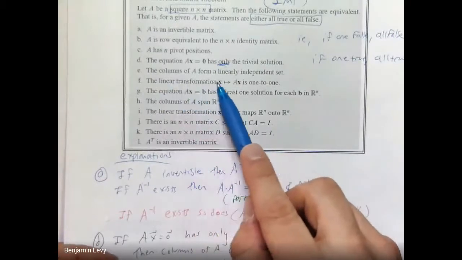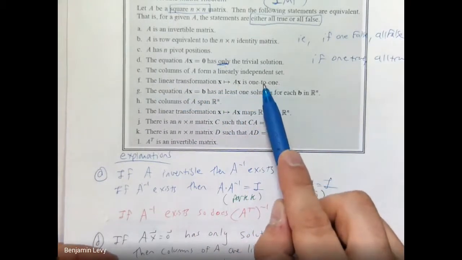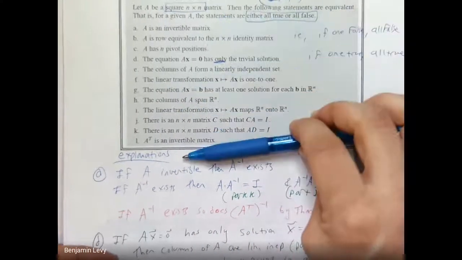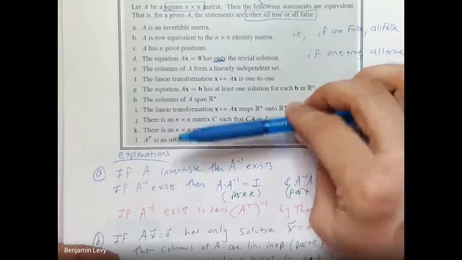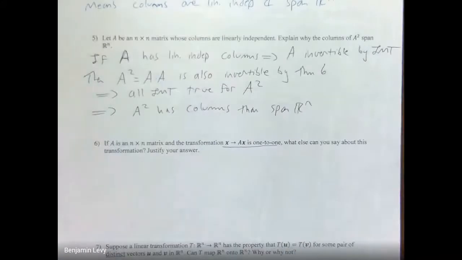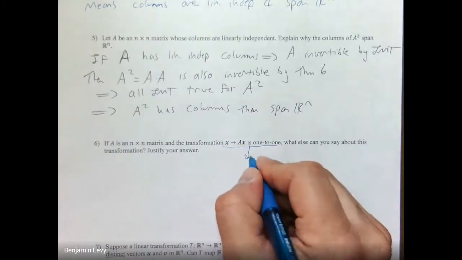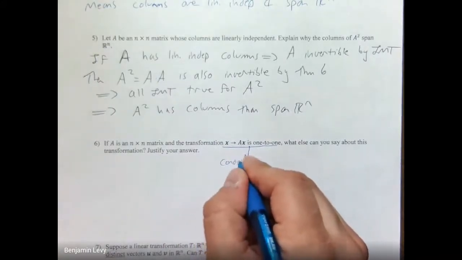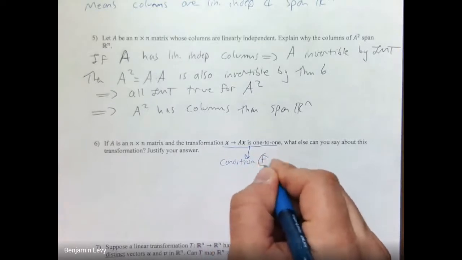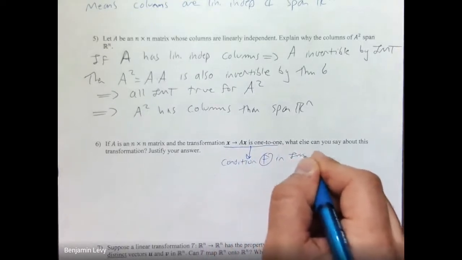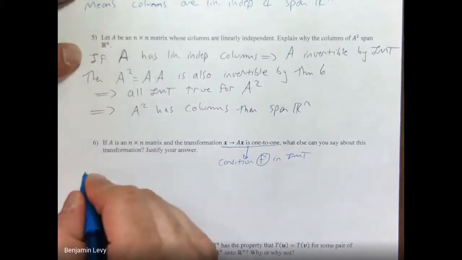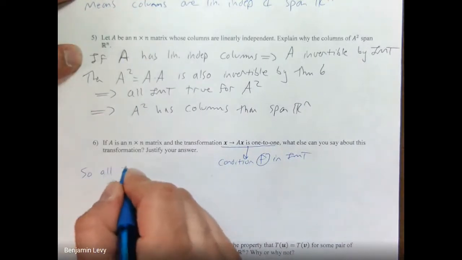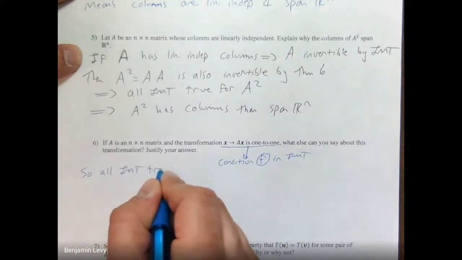The linear transformation X to AX is 1-to-1. And so we have that being true. And so that means everything's true. So we can say all kinds of things about this transformation. All these things we can say based on that one piece of information, right? So this right here is condition F in the IMT. And so if that's true, all of the IMT is true.